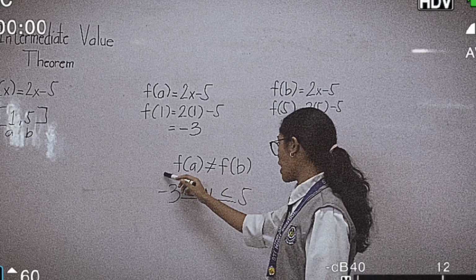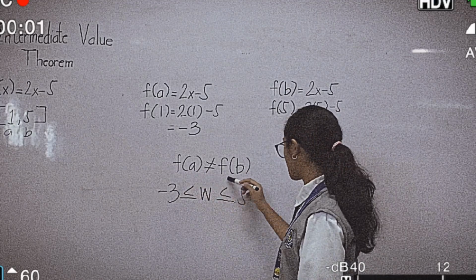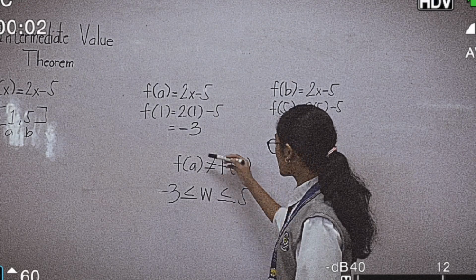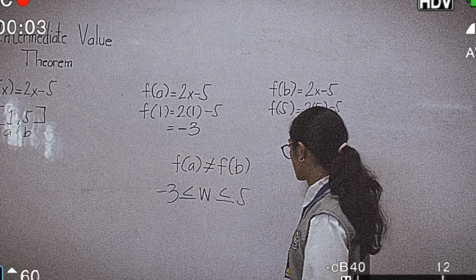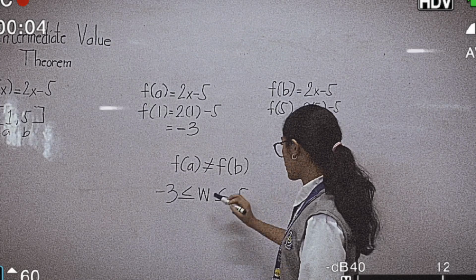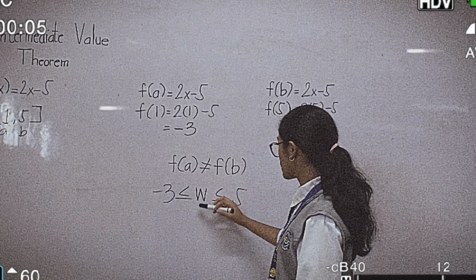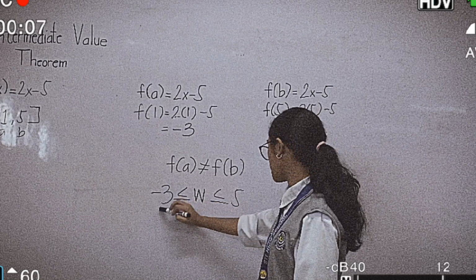As you can see, f of a is not equal to f of b. These values, negative 3 and 5, will be used to get the value of w. w is between negative 3 and 5.